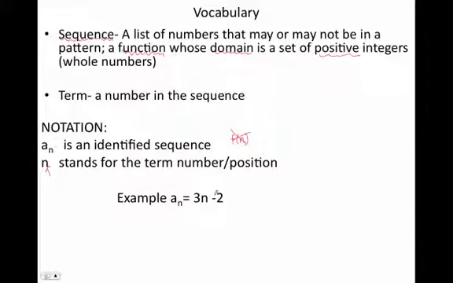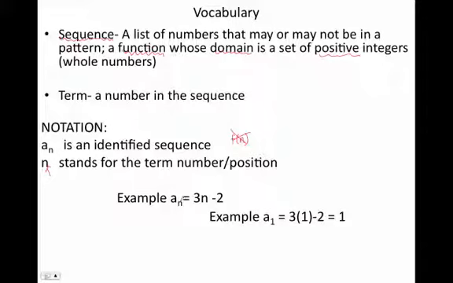So here's an example of using our notation. I've identified an equation for a certain sequence. So I'm identifying my sequence as this, and what I could do is generate a sub 1 from that equation. Had we just been using this notation, we would be saying, hey, the position I'm interested in is 1.